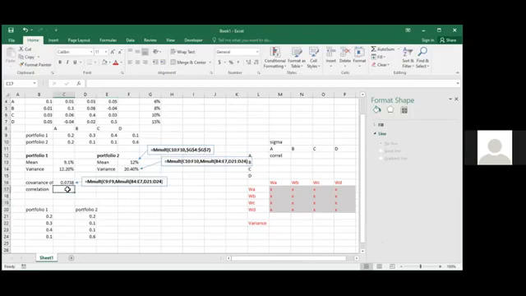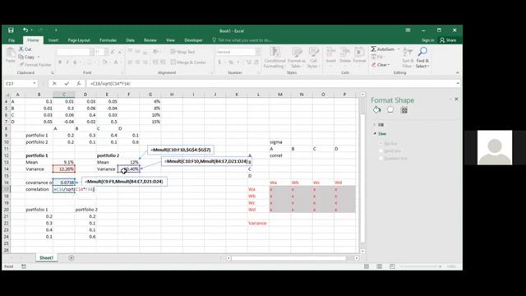If you want to calculate the correlation coefficient between two portfolios, then we can calculate the covariance value divided by, if you remember, the correlation coefficient multiplied by sigma values. To derive the correlation coefficient, the covariance value should be divided by sigma A, sigma B. So here we take the square root, SQRT, of C14 multiplied by F14.